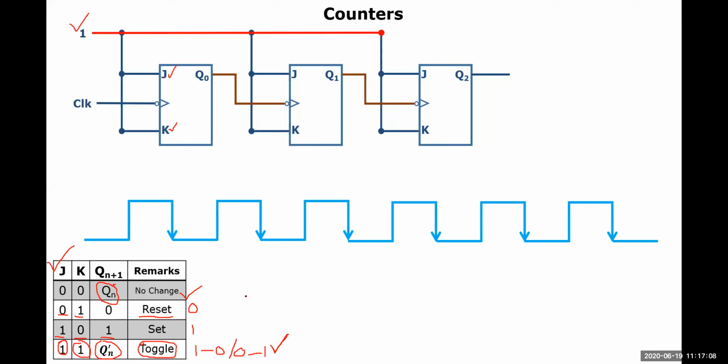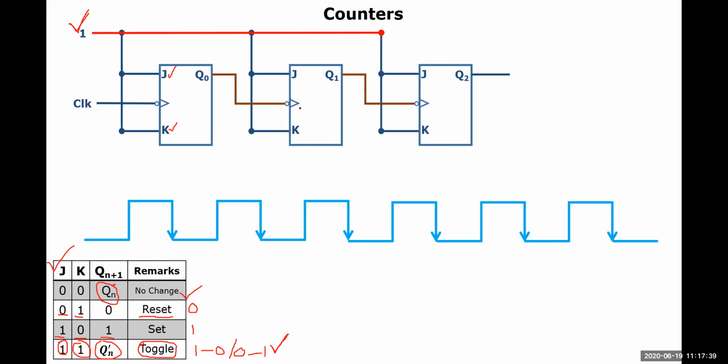If the previous state value is 0, it will be toggled to 1. If the previous state is 1, it will be toggled to 0. That is what you need to remember. So to get the toggling operation, I connected the JK inputs of all flip-flops to 1. That is what we applied here.